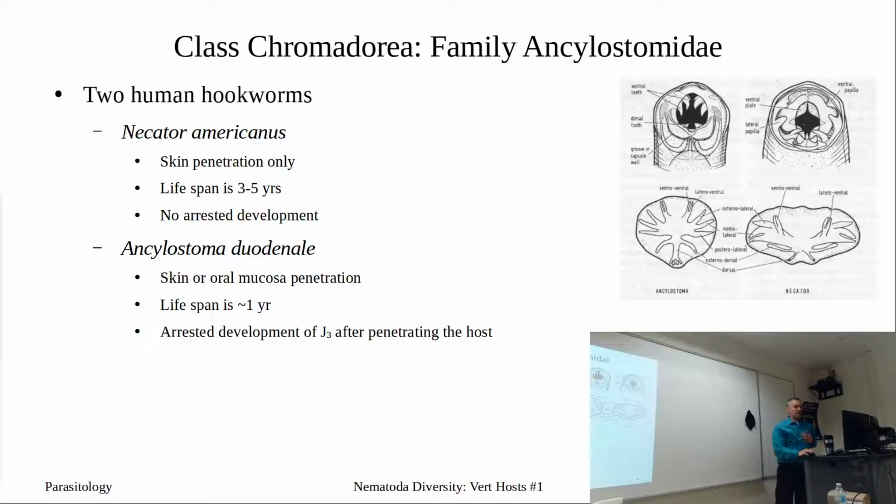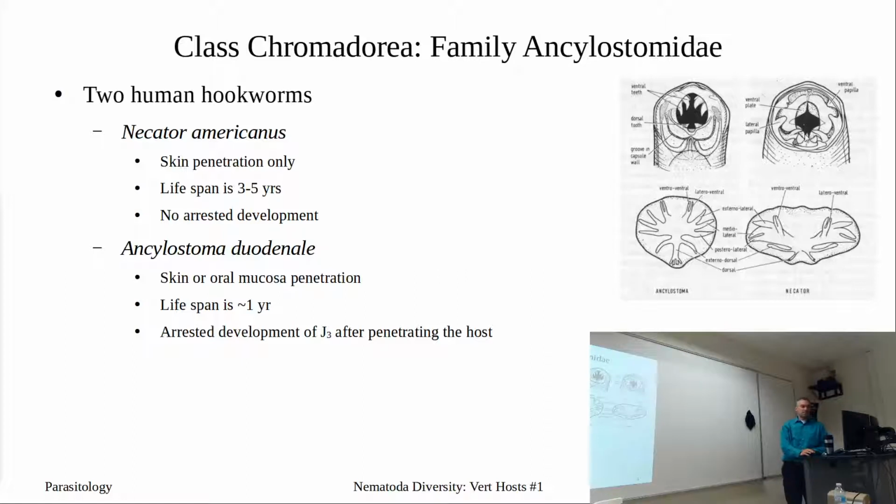All right. Differences come in their bursa and in their buccal capsules. So you can see that Ancylostoma has these teeth. I believe in the Ancylostoma brasiliensis slides that we have, most, if not all, of those worms are on the side, and you can make out a tooth that's sticking out, or maybe two teeth sticking out.